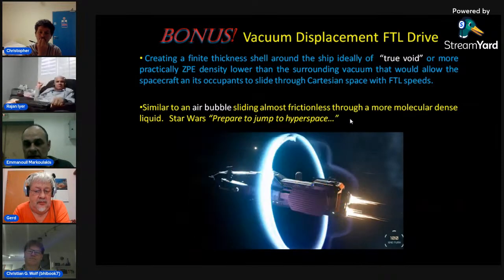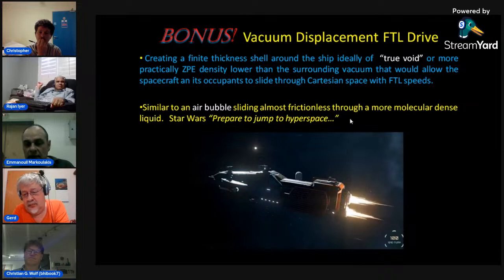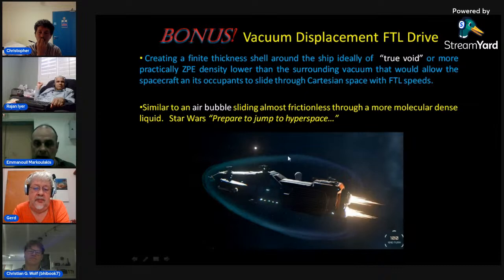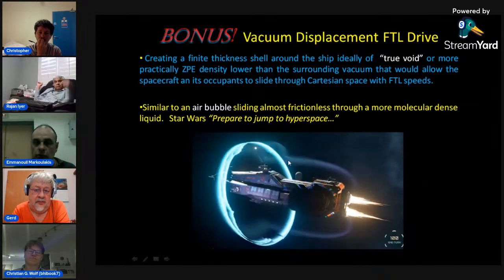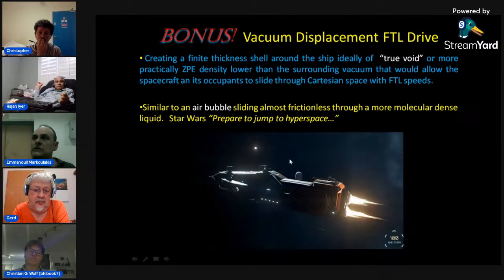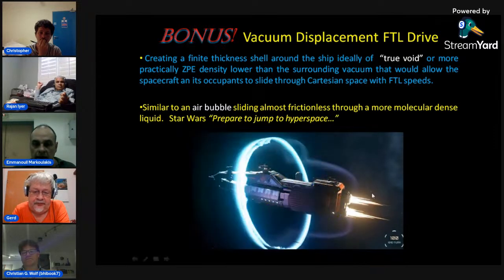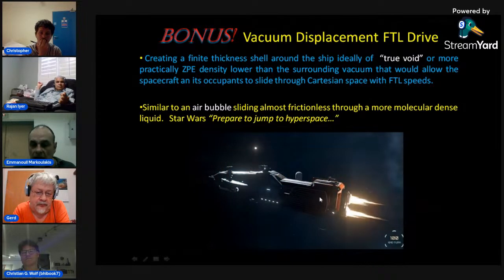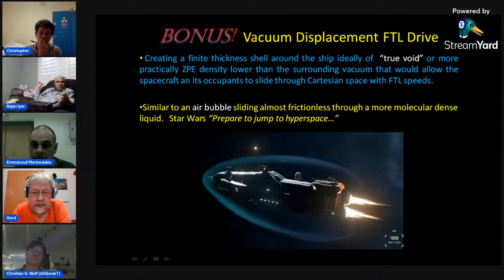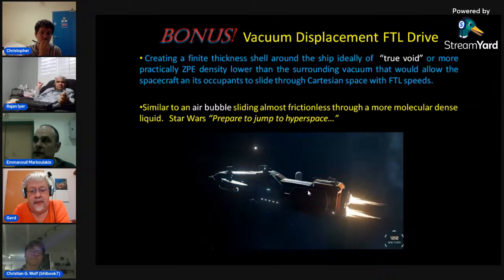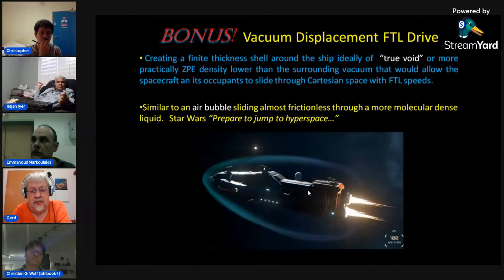The shell does not have to be very thick. It could be just centimeters or millimeters thick, as long as it exists. I also have to stress that inside the bubble, there exists normal vacuum, because matter and light cannot exist without the vacuum.